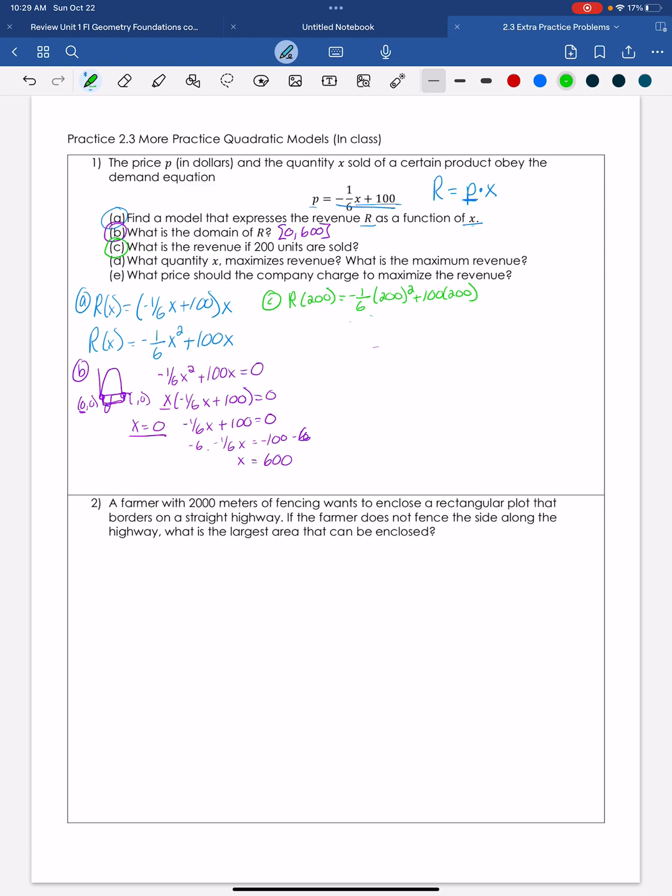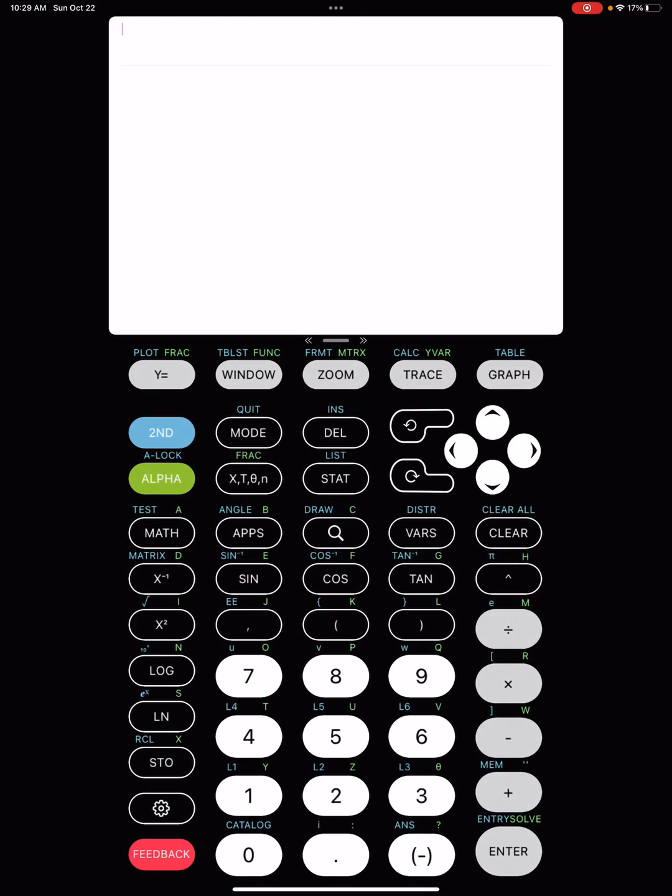Remember with the calculator, you can do alpha y equals, and a fraction comes up if you want. So we have negative 1/6 times 200 squared plus 100 times 200.